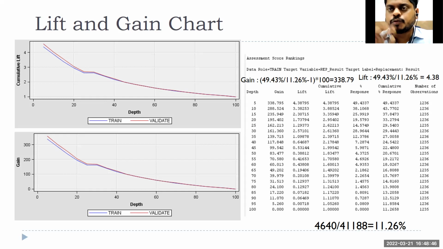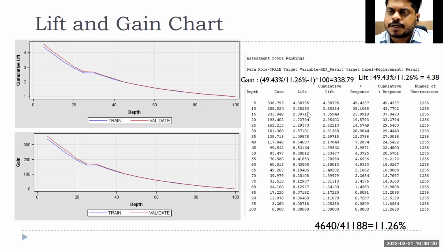And I'm able to predict those customers' qualification, education, age, all those things. If you do not use my model, your success rate will be 11.26%. So my model is performing better than your baseline in the ratio of 4.38, for that top 5%. For the top 10%, you will have a different lift value.